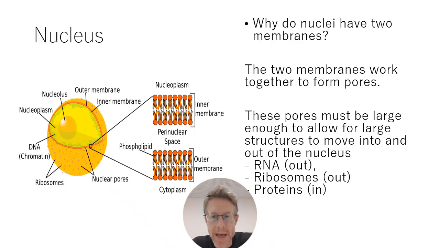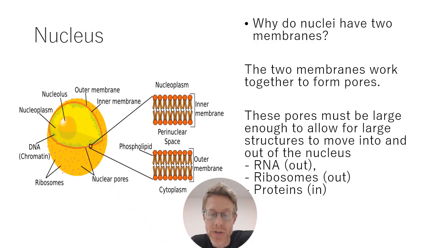One reason is that having 2 membranes allows for larger pores. So if you just have a single membrane, the pore size is limited to the kind of opening that you could make in a single, like a transport protein. But when you have a double membrane, you can create a larger pore size, and that allows larger things to go in and out of the nucleus, which the nucleus needs to do.